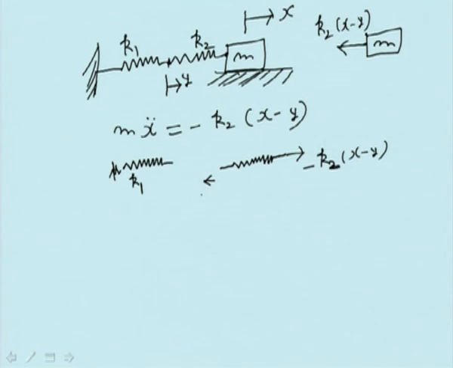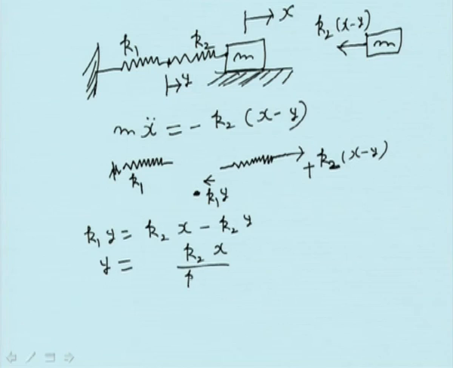So from the transmissibility principle, k1 y is equal to k2 (x minus y), that is k2 x minus k2 y. Therefore, y is equal to k2 x divided by k1 plus k2.